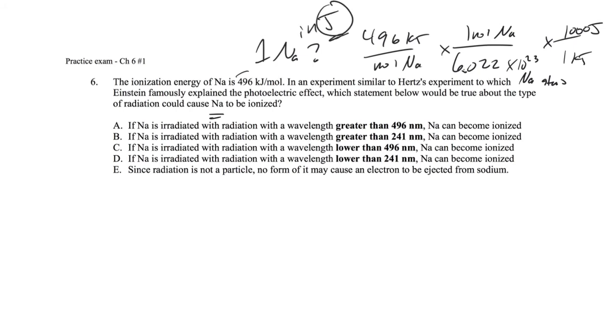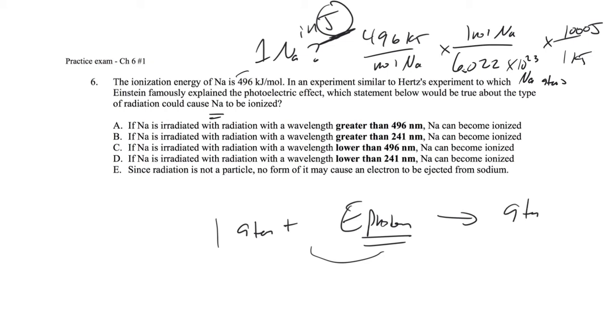Now, why do we want this in joules? Well, I'm going to try to then take the energy of a photon, where one photon can interact with one atom. And then this can go to the atom plus the electron, that if the energy of the photon is high enough, it can cause that atom to become ionized.